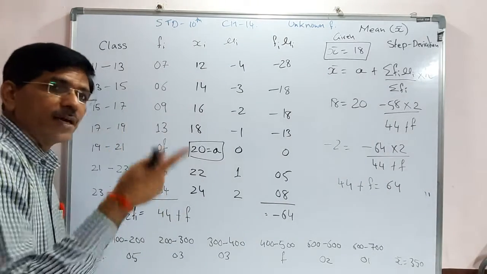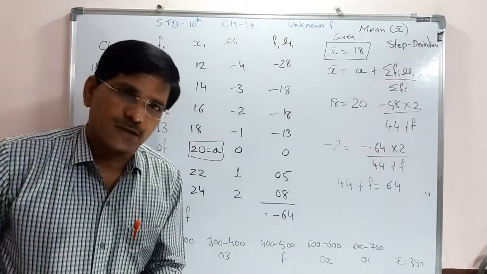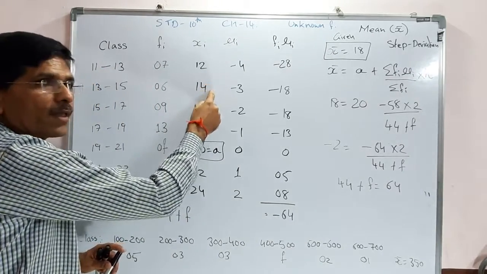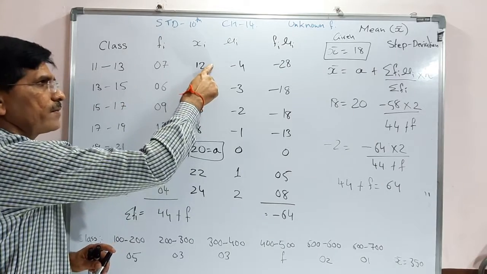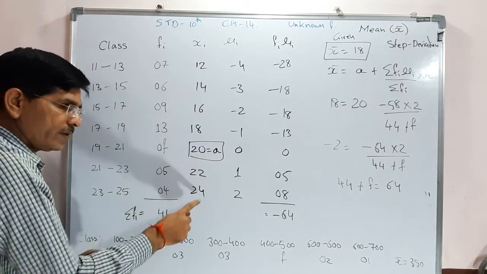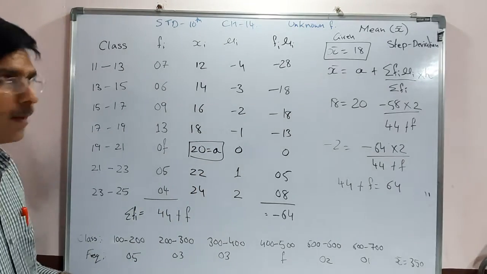But as we have discussed in the last 3 lectures, we can easily find it by the difference. The difference is 2. So after 12, afterward 14, 16, 18, 20, 22 and 24.